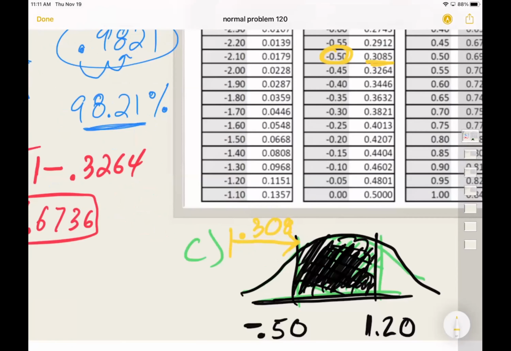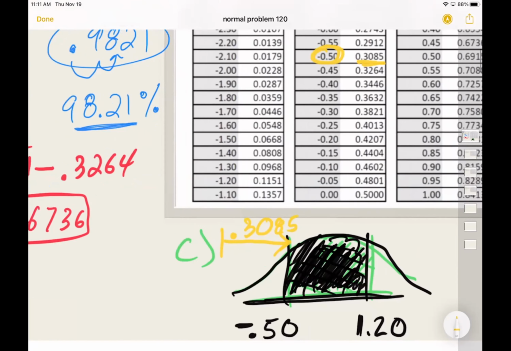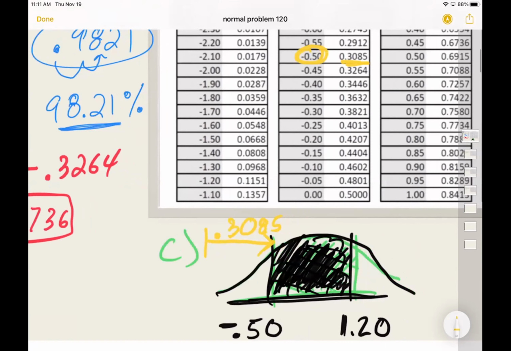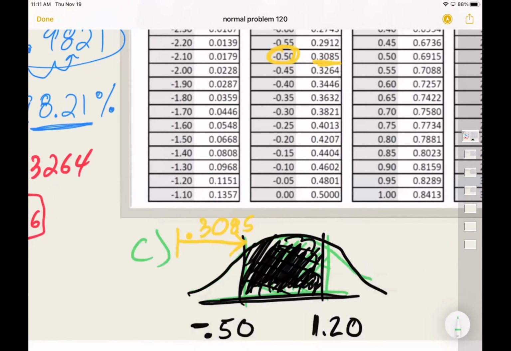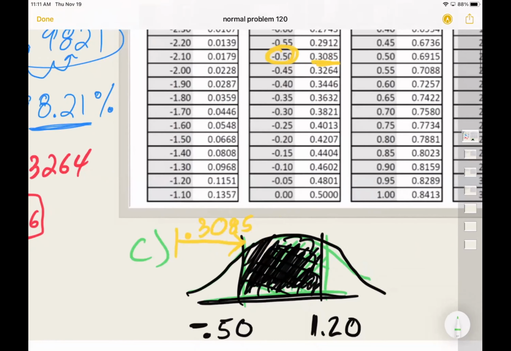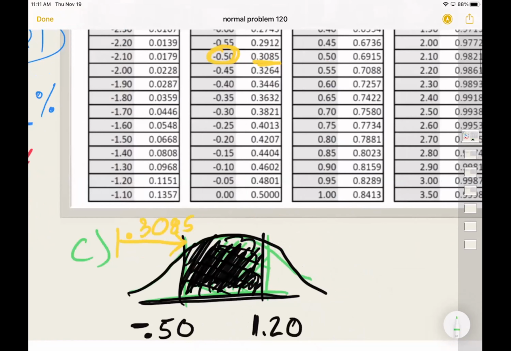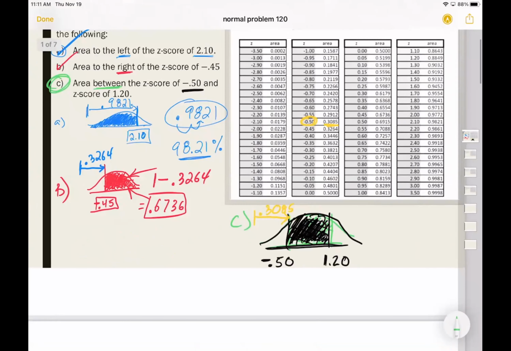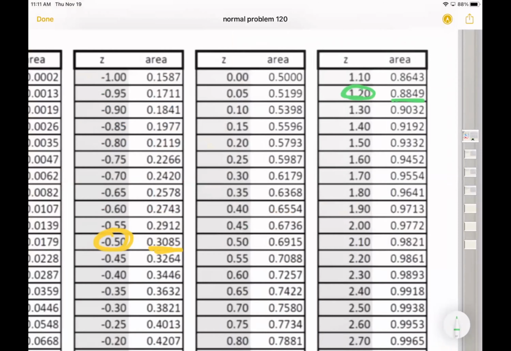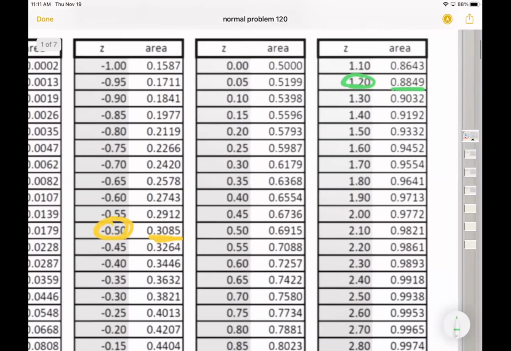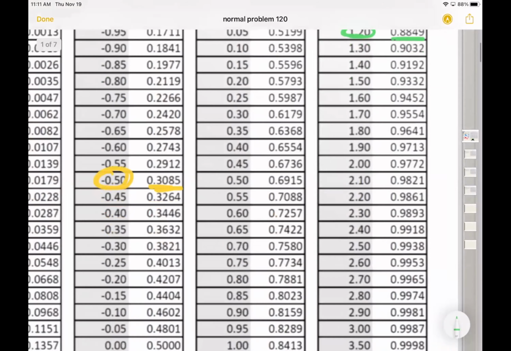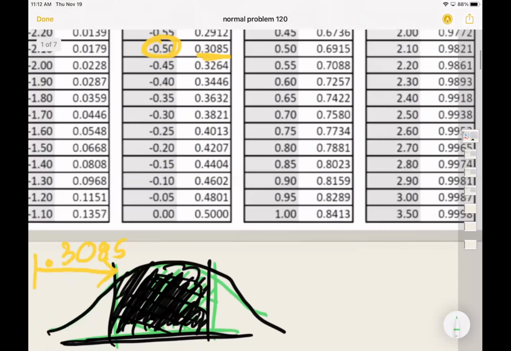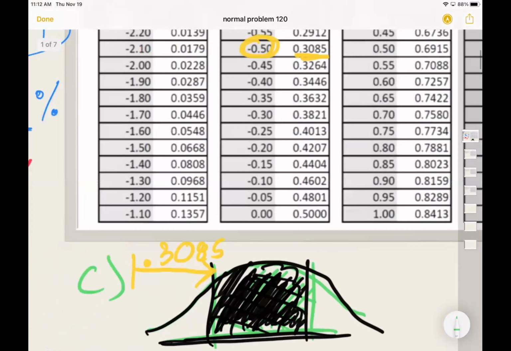That's where my number came from. And then I need to look for this number. Where is my 1.2? 1.2 is here. The z-score 1.2, and the corresponding area is 0.8849. So 0.8849 tells me that from here to here is 0.8849.